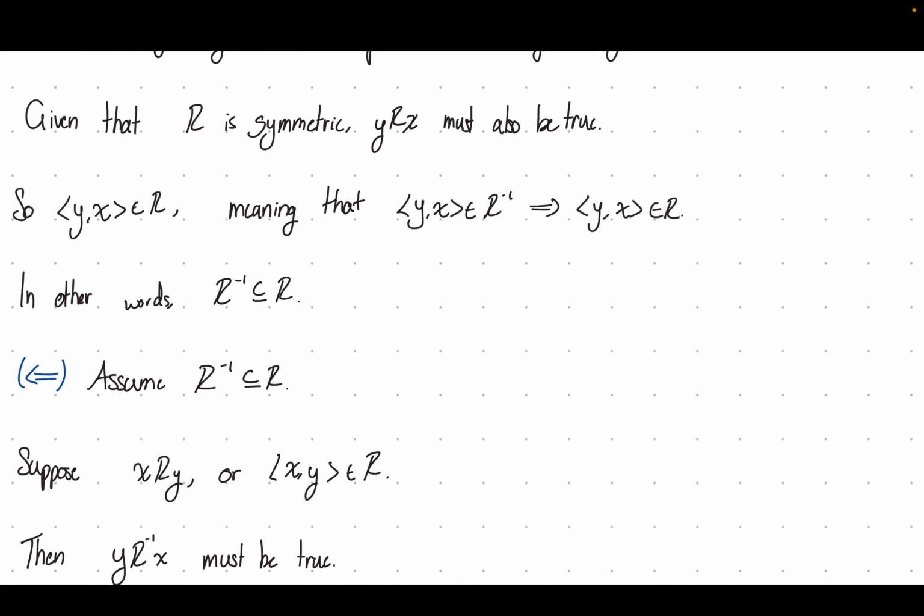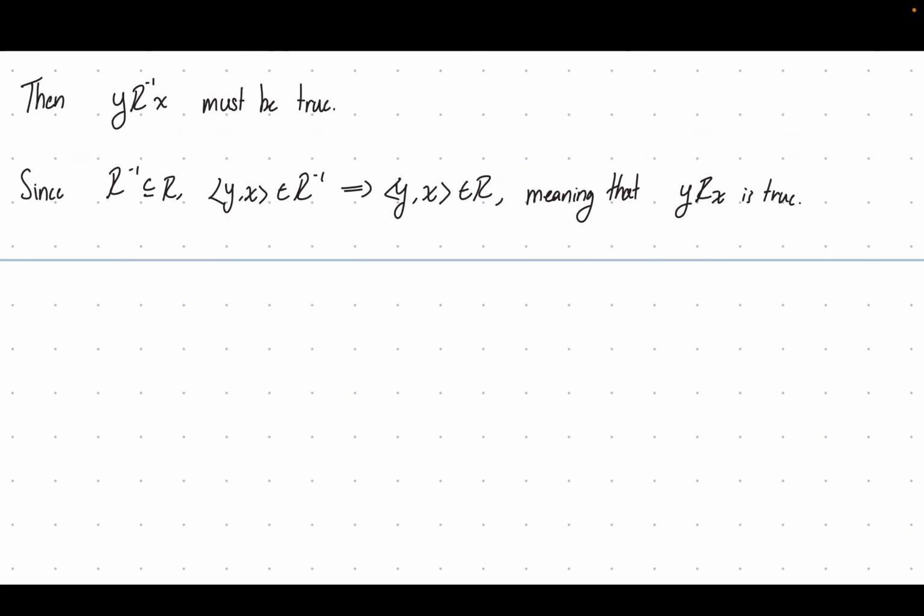Oh, ran out of space. Let me add a couple pages. There we go. Right, so we have this so far. And in other words, R is symmetric. That is two M's.